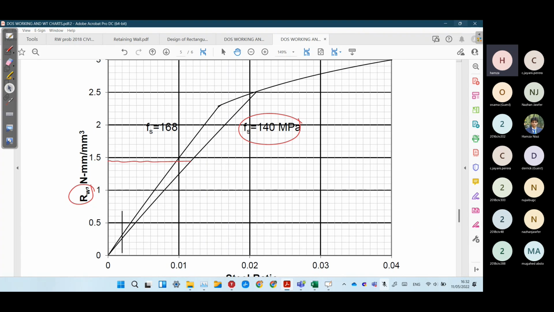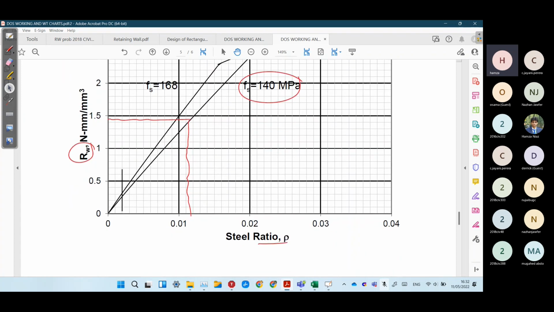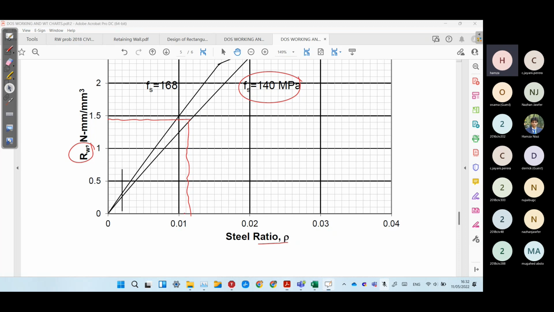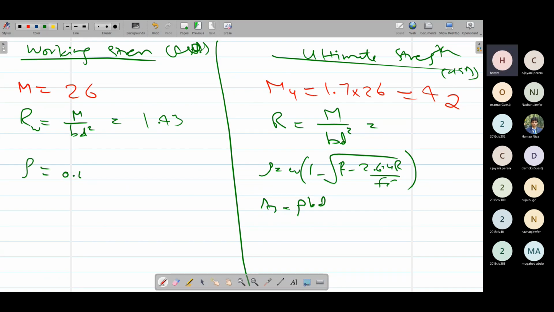Something like this. Our rho value, the steel ratio rho for this, is 0.015. Rho is simply 0.015, and As is again rho bd. Simply the difference is the rho value we have to check from the chart.